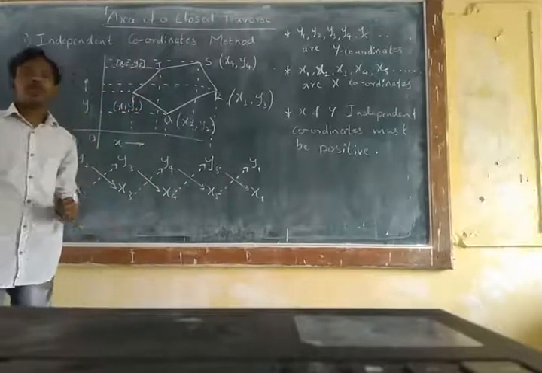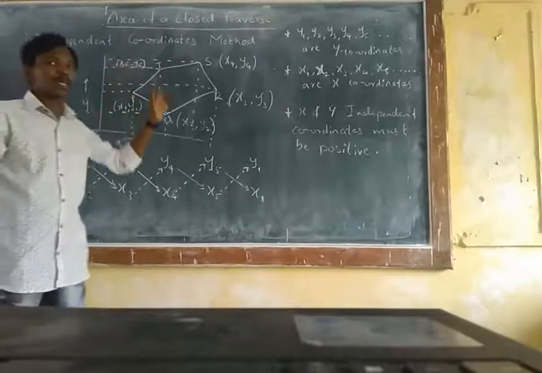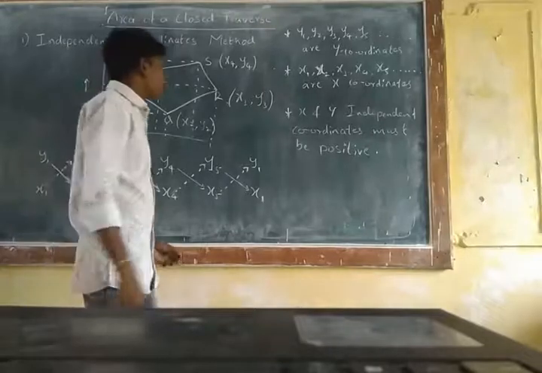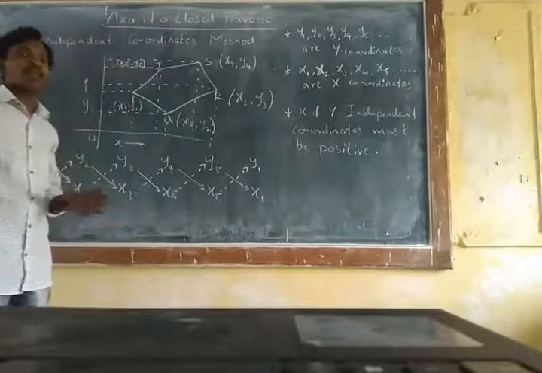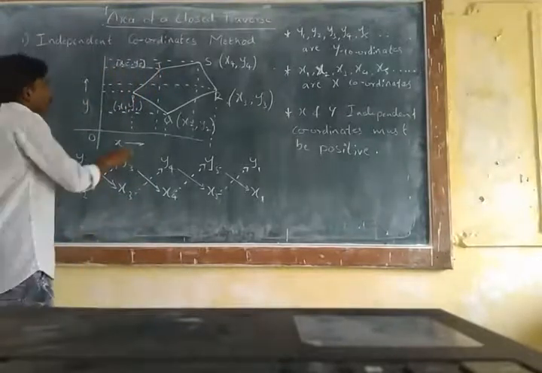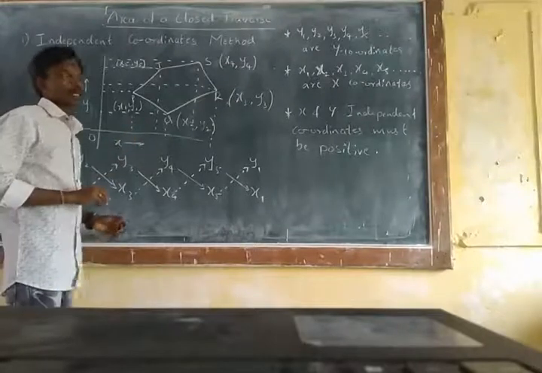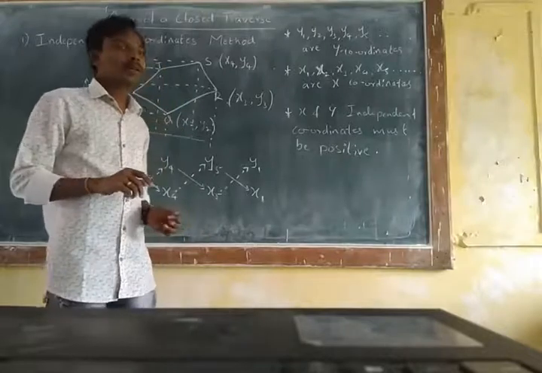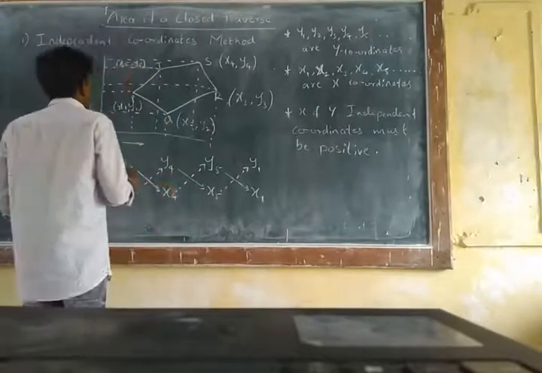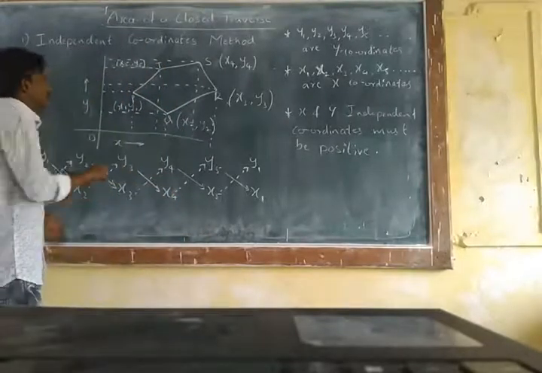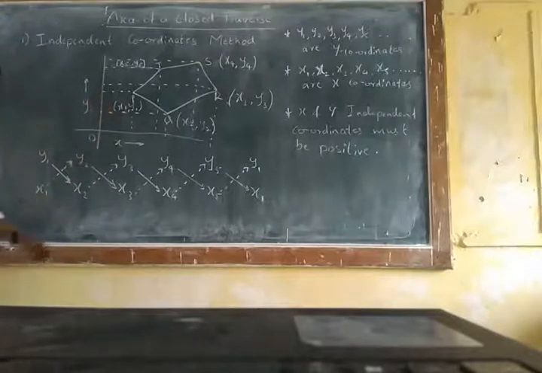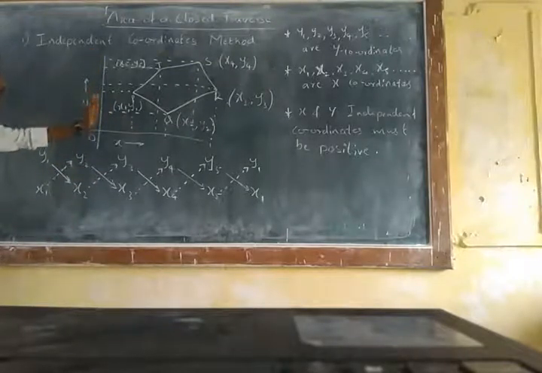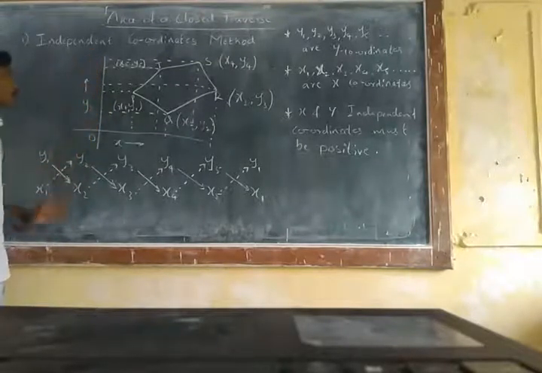I have already explained about independent coordinates in the previous video, but I'll brief it now. So here there are two types of coordinates. Those are consecutive coordinates and independent coordinates. Now here the independent coordinates always start from the origin point.